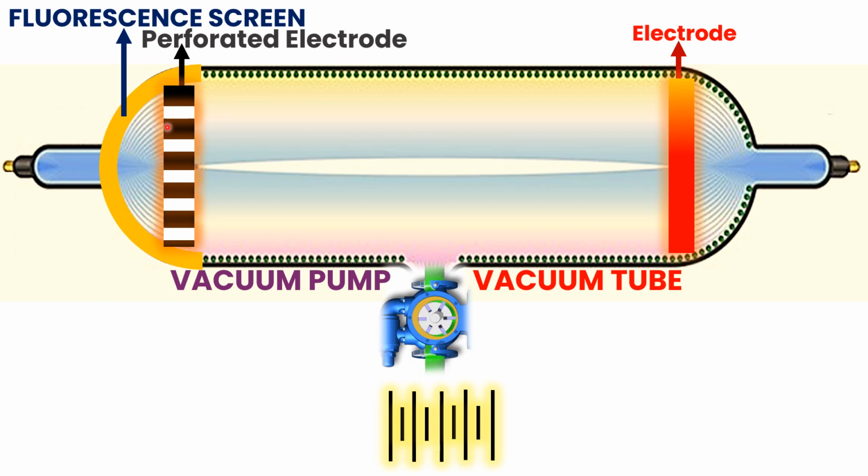Dear student, please keep in mind that the role of the fluorescent screen is very important in cathode ray tube experiments, because the fluorescent screen glows when any kind of radiation falls on it, and this glow basically indicates the interaction or production of radiations inside the cathode ray tube.